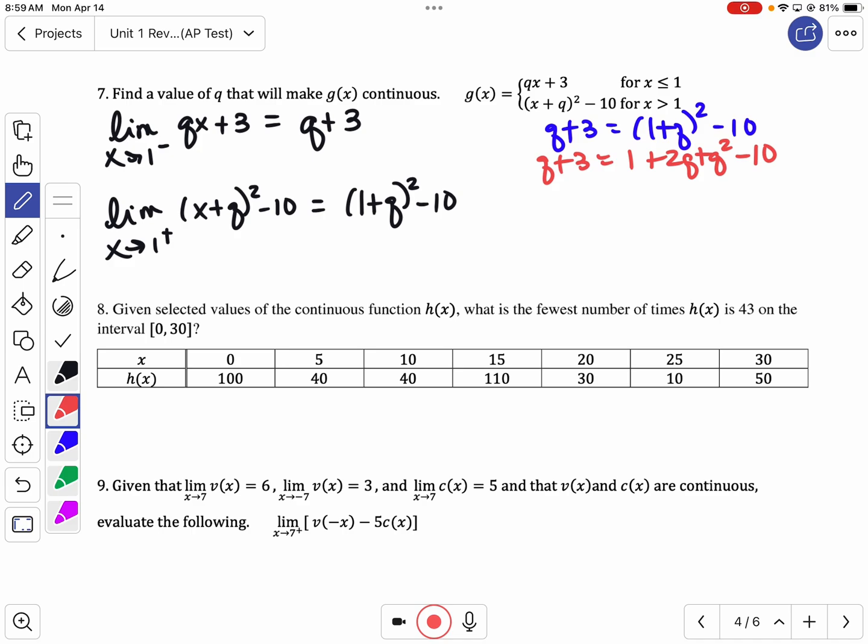Okay, we're going to end up with a quadratic equation here. So let's make it all equal 0. So I get 0 equals q squared plus q, and I've got negative 9 minus 3, negative 12. And then we're going to factor.